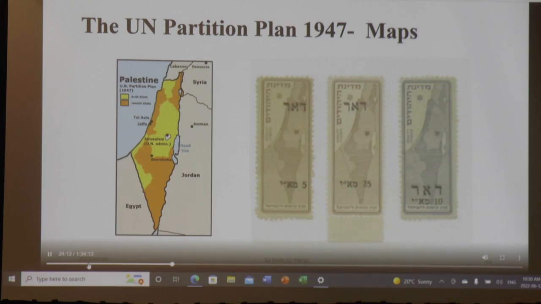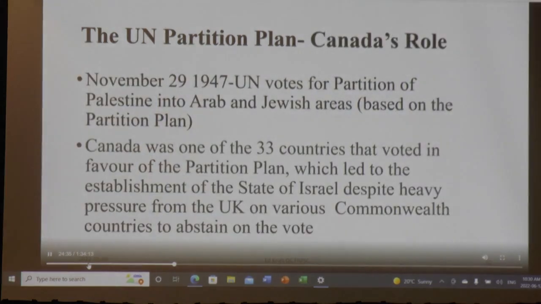And you will see on the stamps that you have in front of you, these stamps that were issued by the Jewish National Fund, a map of the partition plan that was set out by UNSCOP in late 1947. And the map to the left of those labels or stamps also shows the territory that was to be a Jewish state and an Arab state.